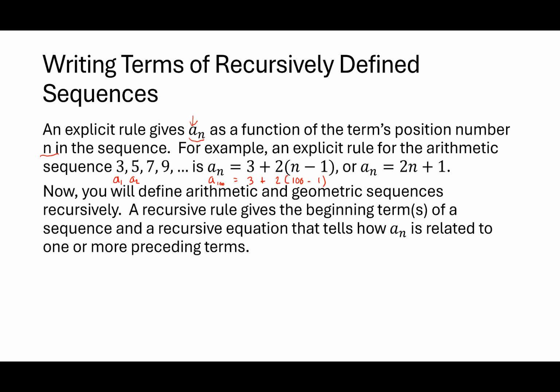And this is going to tell me what the 100th term of this sequence is going to be. So that is what explicit rules do.